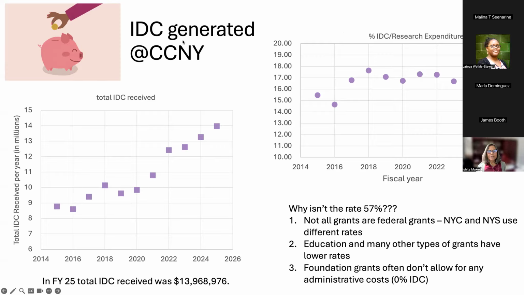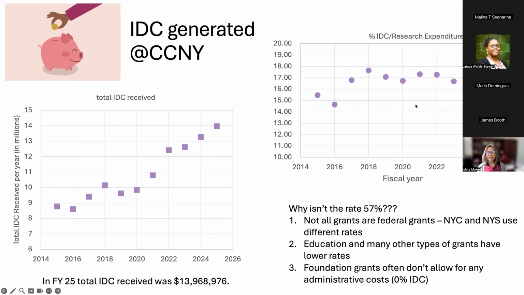We can look at the percentage that we're receiving of IDC. This is where we look at the IDC received relative to the research expenditures. I know that many of you are good with math, and you're going to be like, yeah, because 14 million is not 57% of the 82 million research expenditures, right?